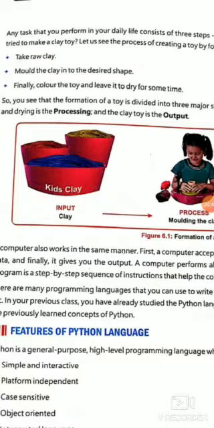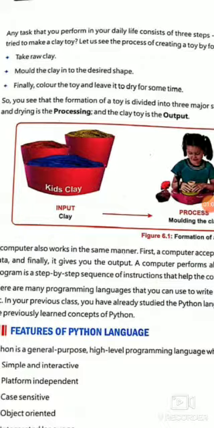Finally, color the toy and leave it to dry for some time. So we see that the formation of a toy is divided into three major steps. Raw clay is the input, molding, coloring and drying is the processing, and the clay toy is the output.